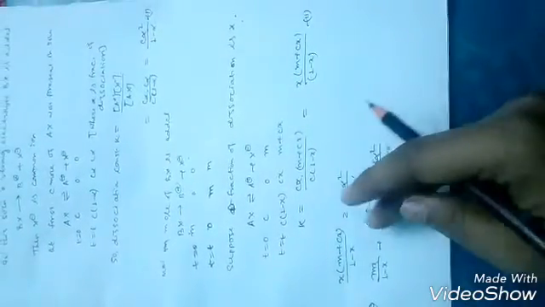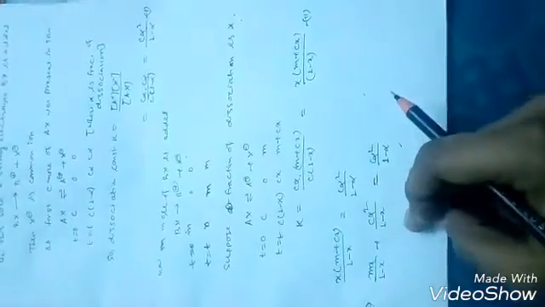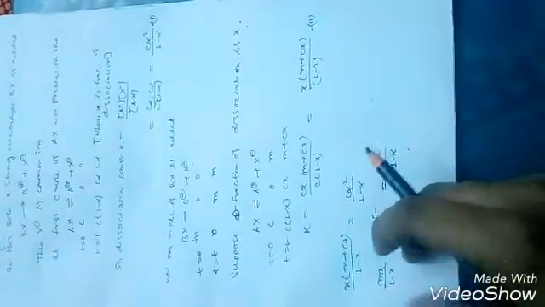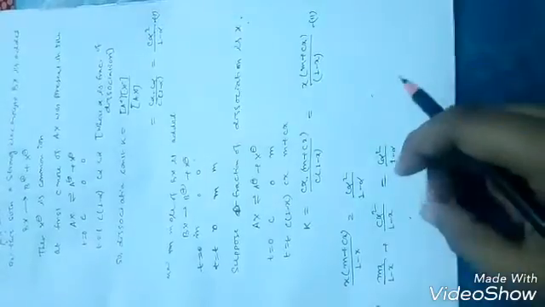So see, Cx square by 1 minus x and C alpha square by 1 minus alpha are two comparable parts of this equation. But on the left side we have added a part, Mx by 1 minus x. This part is the additional part. To get these two sides equal, we have to add Mx by 1 minus x to the left side.